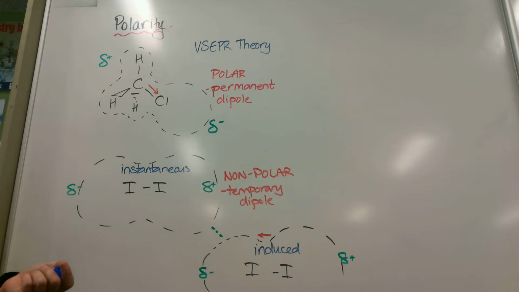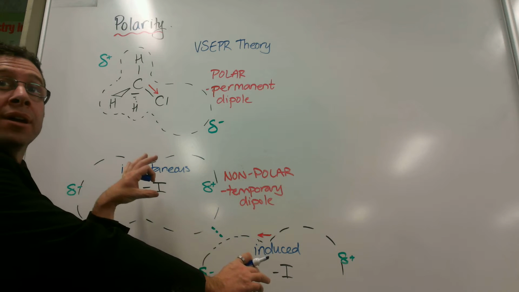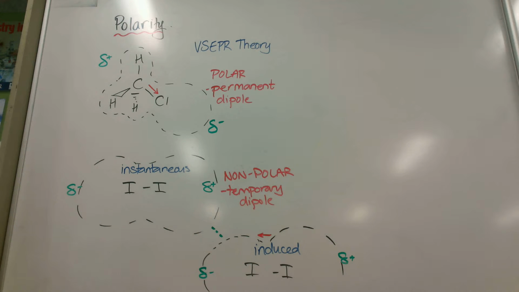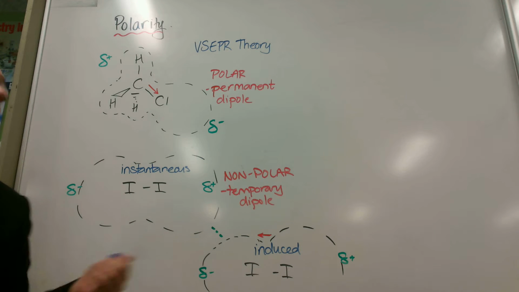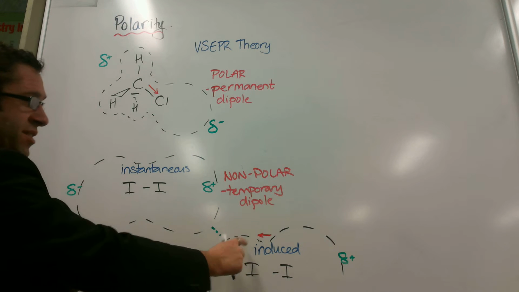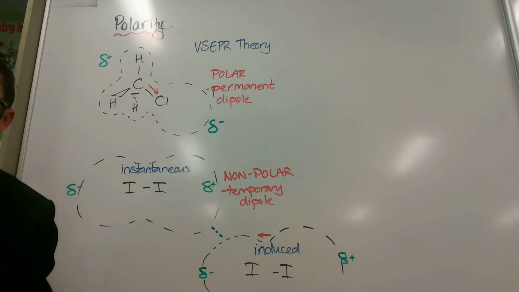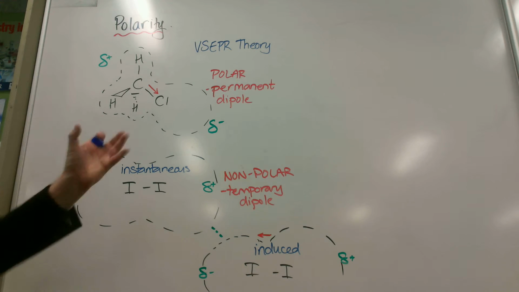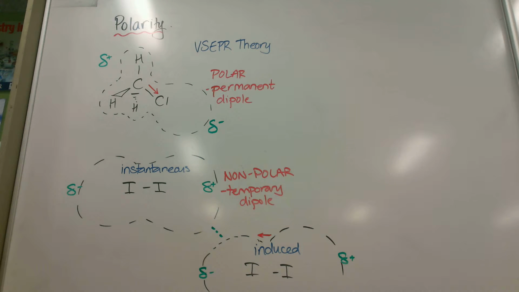I don't know if that's a correct word, but they're not induced anymore because the distance between these gets too big. Those instantaneous ones have less of an effect on the neighbouring molecules, so this sublimes, because just a little bit of heat increases the distance enough that this induced dipole goes away and the molecules can escape in the gas phase.